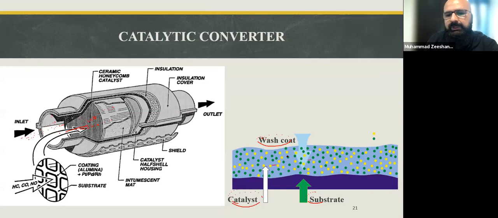So basically it's the active catalyst which helps these toxic gases coming from the engine get converted into less toxic chemicals. We're going to look at those reactions later, but over here we are just looking at the arrangements that we use in the catalytic converter.